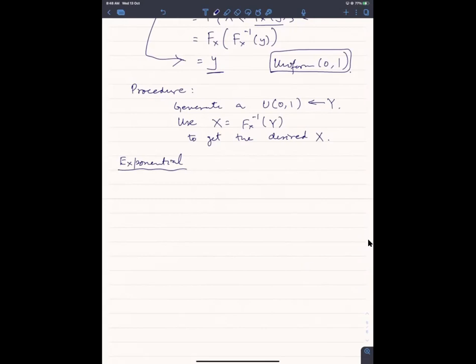Now you can see a close relationship with the geometric. What was geometric? It was in the discrete case, where you keep rolling a dice until a 6 comes up, and 6 is a success. So you keep on trying until you see the first success. That was your geometric random variable. You were waiting for a particular event to happen, and the number of rolls you need to perform until you see the success is a geometric random variable.